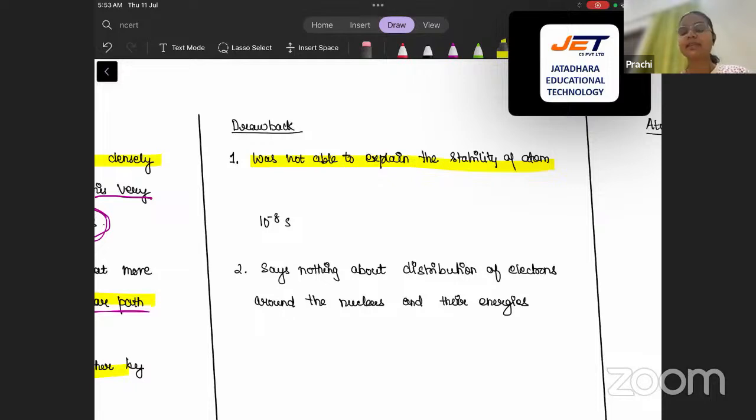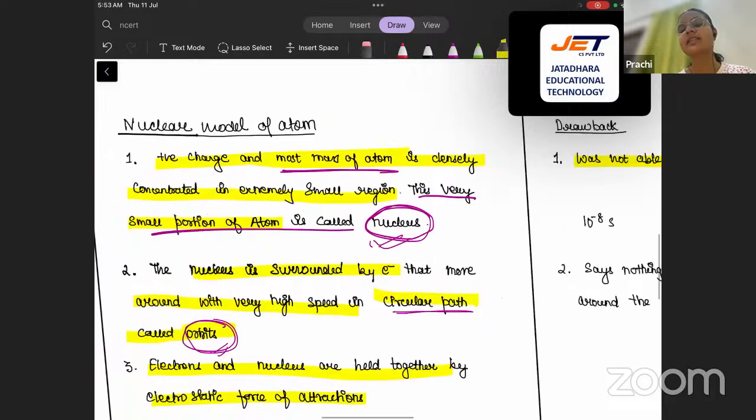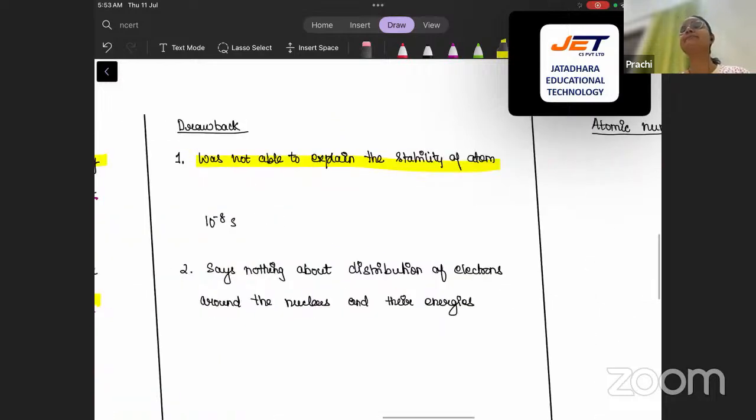Why? Because he said that electrons and nucleus are held by the electrostatic force, right? Now we can't take the electrons as static, because if they were static, they would attract each other and finally collapse. So he said, okay, electrons are moving around the nucleus constantly.